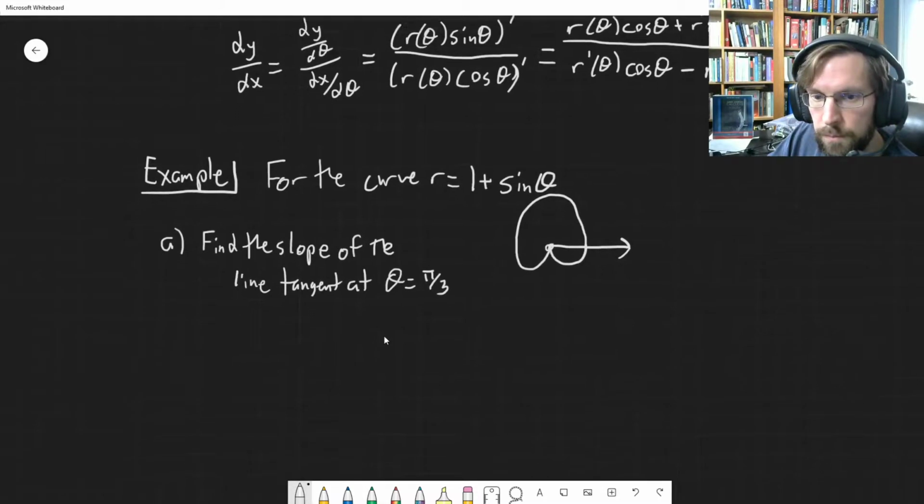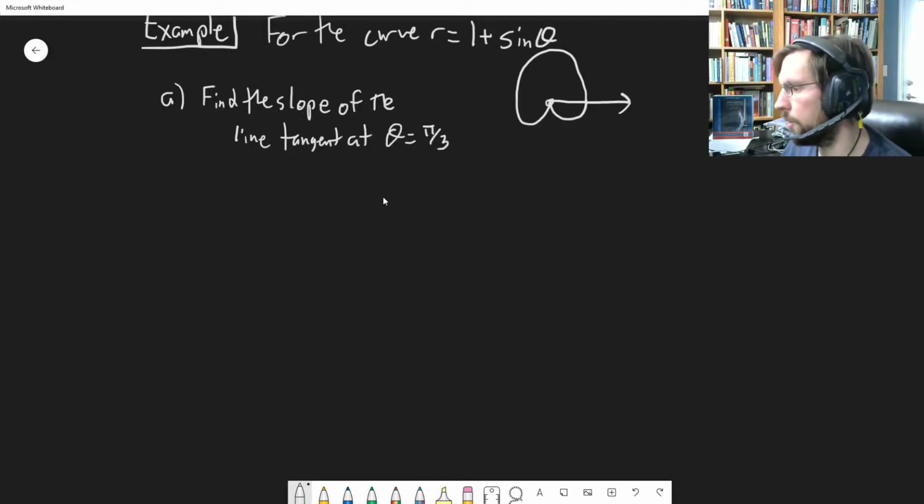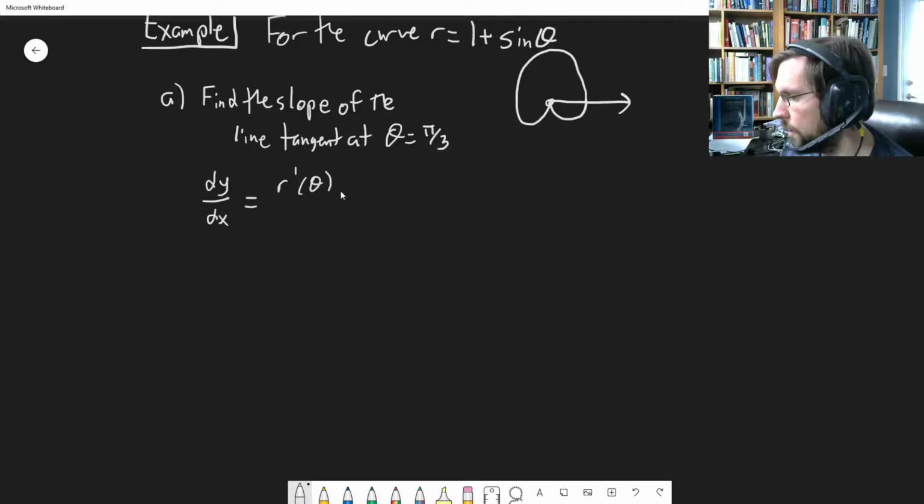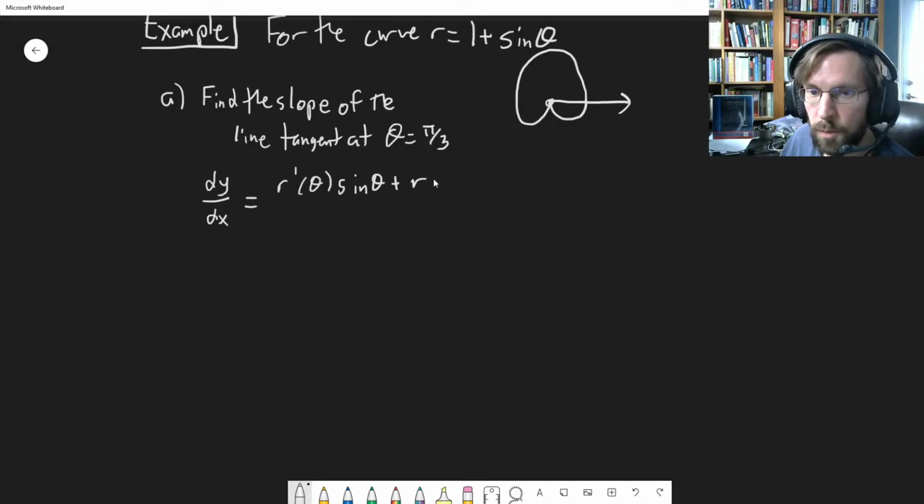Okay, so here's how we're going to do that. The slope of our tangent line is just dy/dx. So dy/dx, I'll write it the typical way, is r prime sine theta plus r cosine theta, divided by r prime cosine theta minus r sine theta.